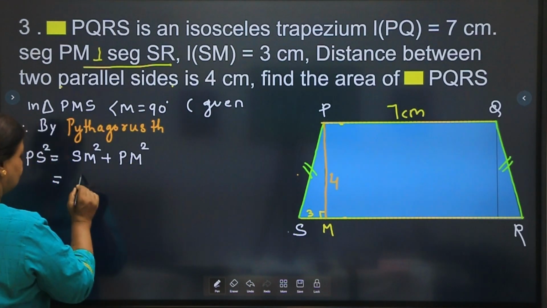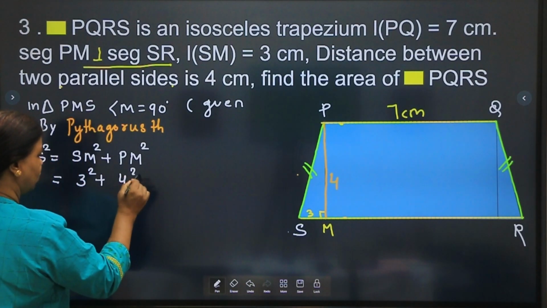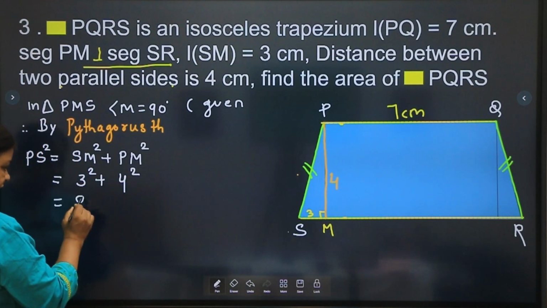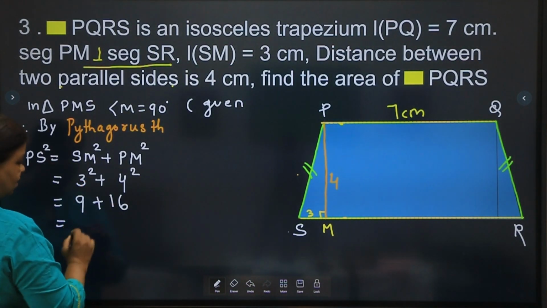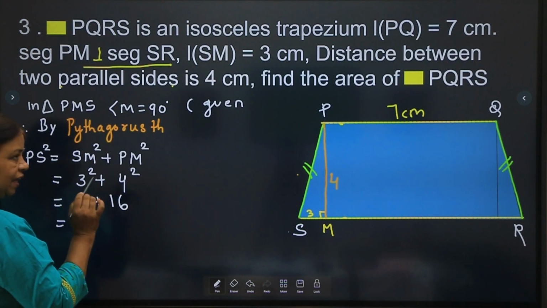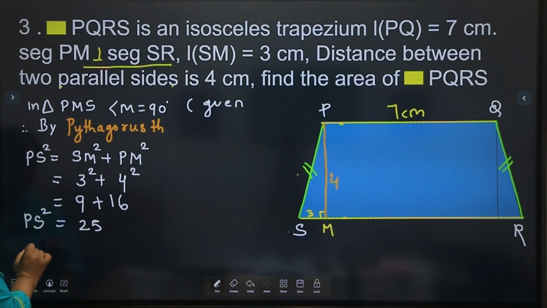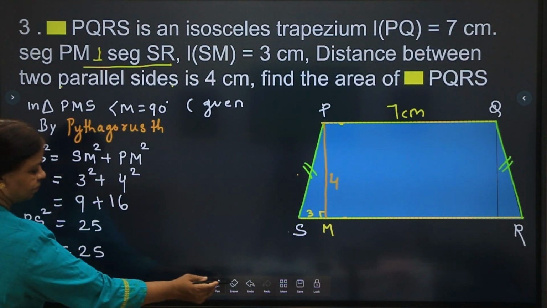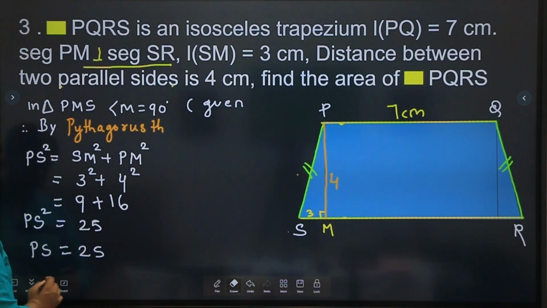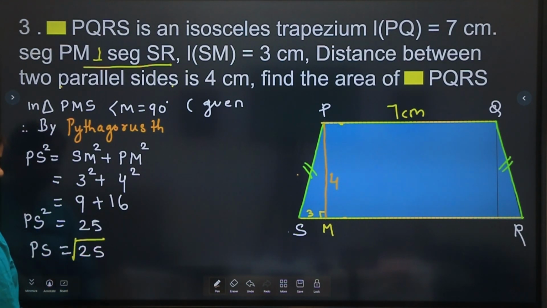SM is 3, square, plus PM is 4, square, which is equal to 9 plus 16, which is 25. So PS square is equal to 25. If I remove this square, then I will have to place the square root on the other side.